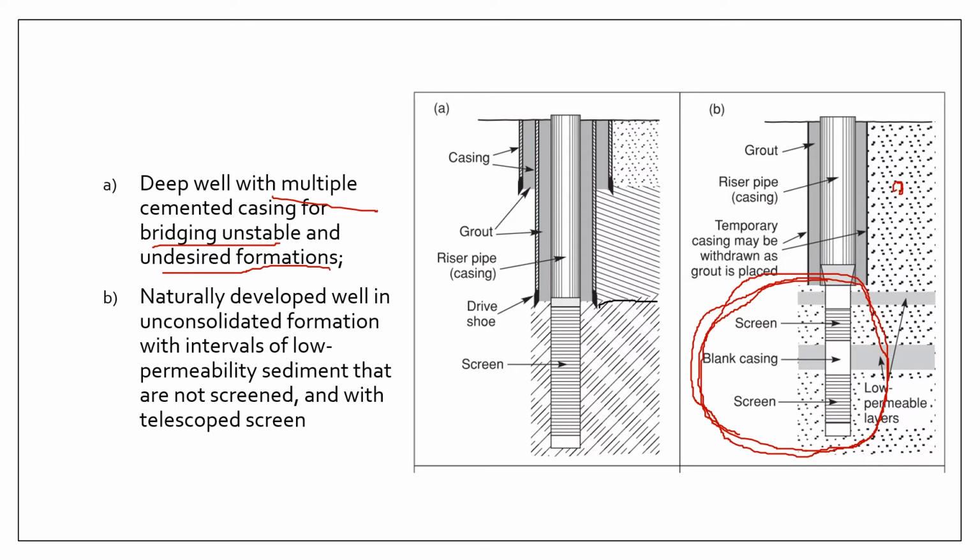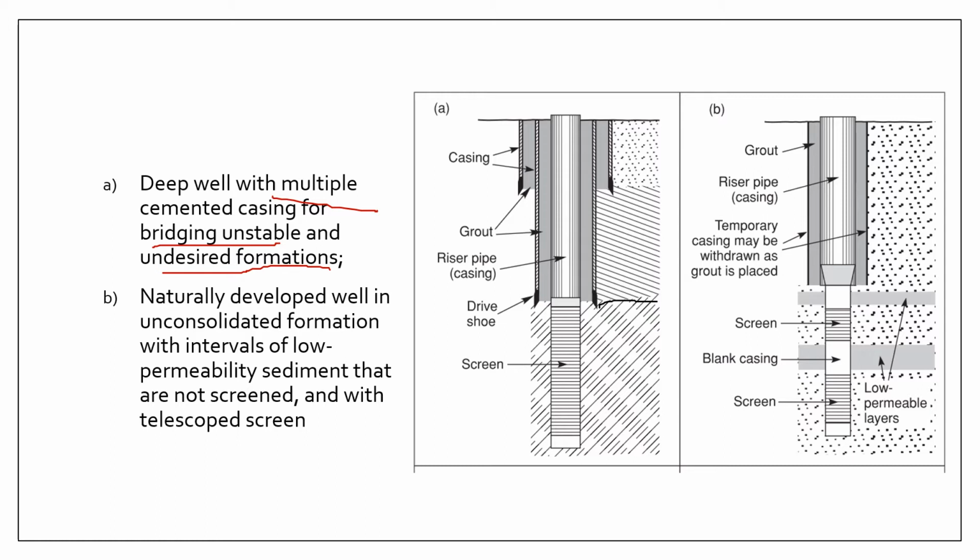So this part might be an aquifer, and this part might also be a water carrying layer. But for wells, typically we only screen the bottom part. This is to maximize the hydraulic gradient, so that the water will naturally flow to the bottom of your well.